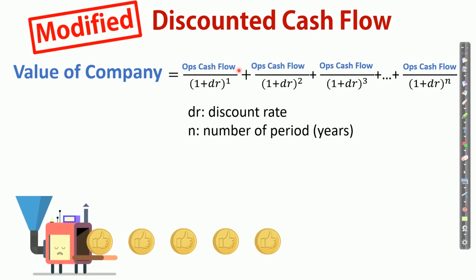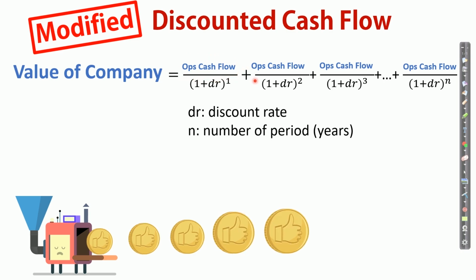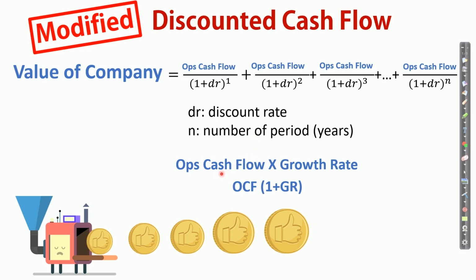The operating cash flow that a company is generating must be increasing as the company grows. So how much should we increase this amount, you may ask? Well, we simply multiply the operating cash flow by the growth rate of the company. Represented in math equation form, it will simply be OCF multiplied by 1 plus the growth rate.